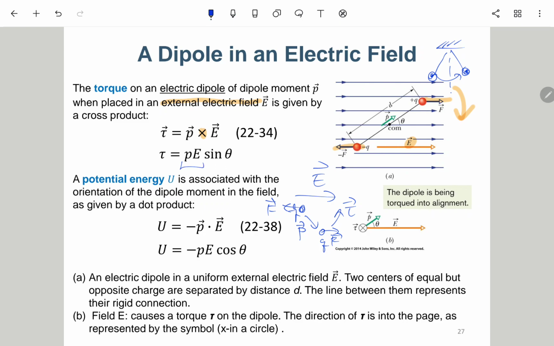P and E we assume are fixed values. Sine of 0 degree is 0. So if theta is 0, then there will be no torque, no force acting on it.